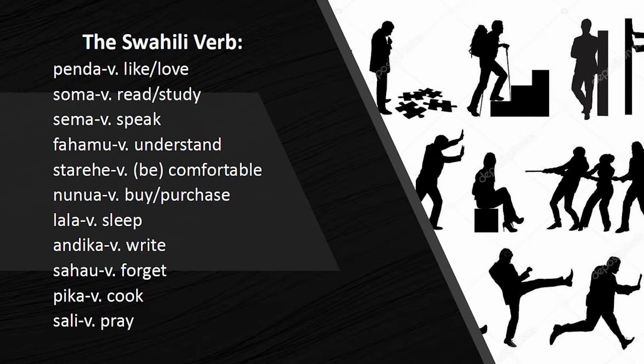Andika, write. Next is sahau. Sahau, forget. Next is pika. Pika, cook. And finally, you have sali. Sali, which is pray. Very good if you got all those right.